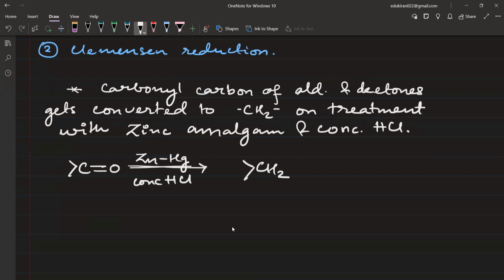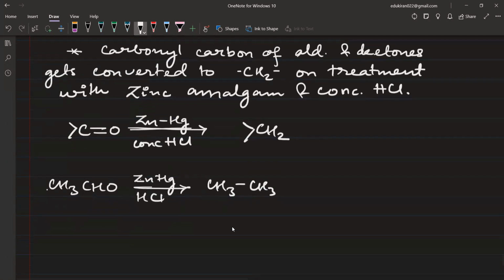For example, if you have CH3CHO, zinc Hg and HCl, it will be CH3CH3. Okay, so if you have butan-2-one, it's going to get converted into just normal butane. What is the reagent? Zinc amalgam and concentrated HCl.